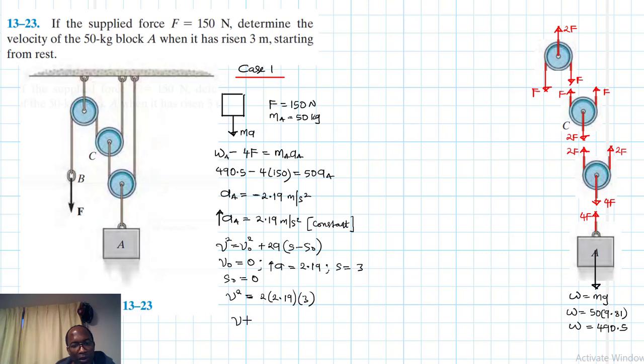Therefore our v is just going to be equal to the square root of 2 times 2.19 times 3. We have 3.62 meters per second going up. Okay, so this is case 1.